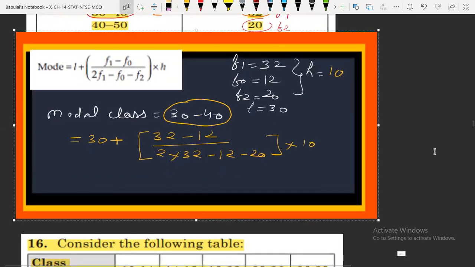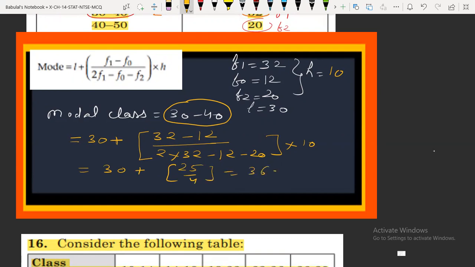we can calculate it. So please calculate it. So that is 30 plus, means I can calculate it, 25 by 4, that is 36.25 answer.